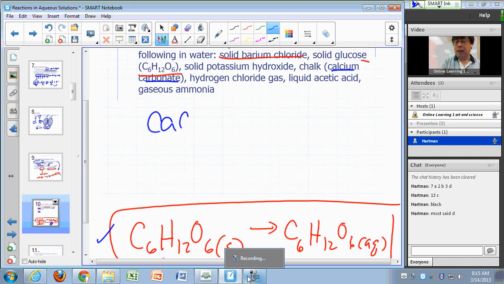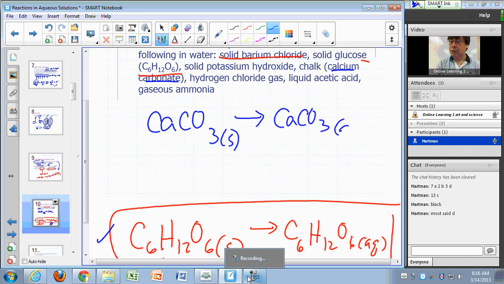So you're going to say calcium carbonate solid gives you calcium carbonate aqueous. We say it's insoluble, but what we really mean is the solubility is very low. So it's customary to indicate that by drawing a double arrow, one arrow pointing to the right and one pointing to the left, because it's insoluble in water.